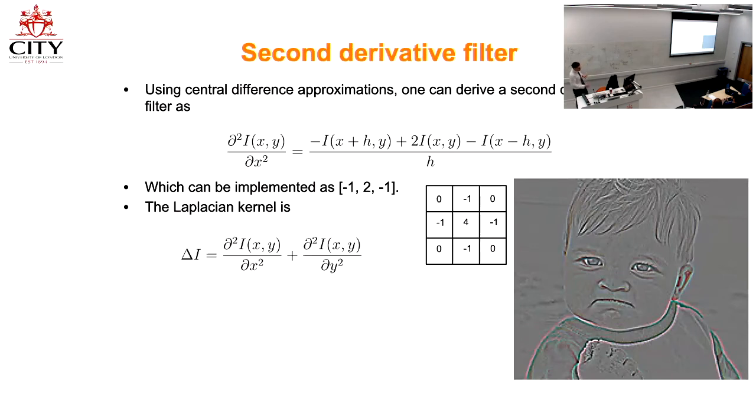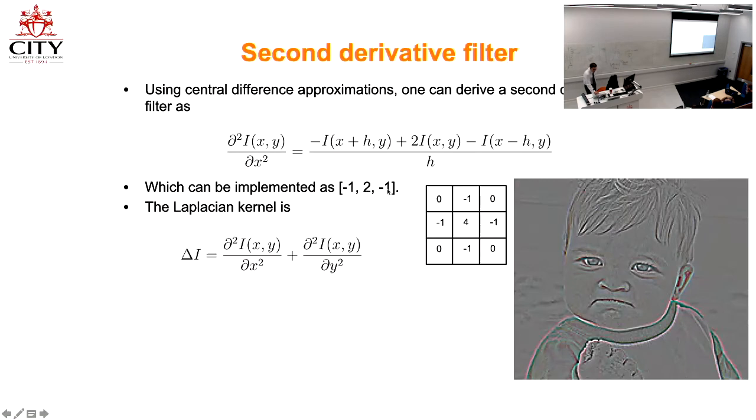So again, the equation is, if you use the difference approximations, you can have minus the image at x plus h to the right, plus 2 times the image, minus the image to the left, over h squared. And this is what it comes to: minus 1, 2, minus 1.